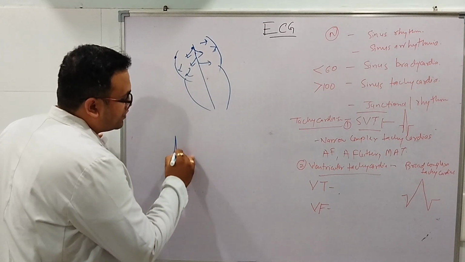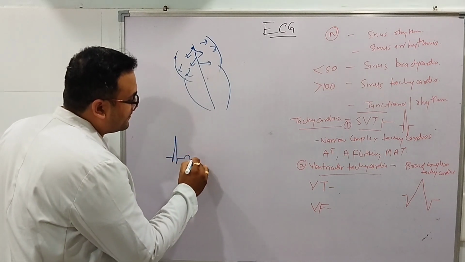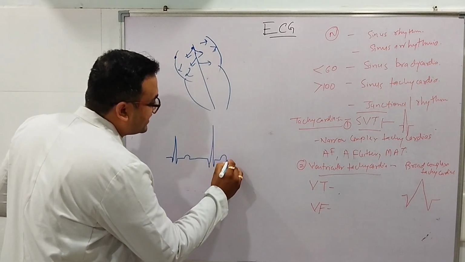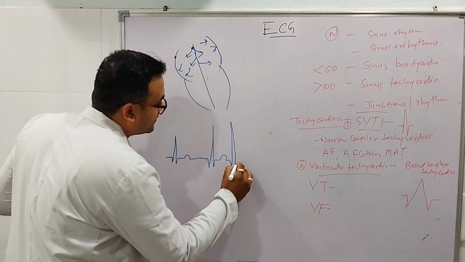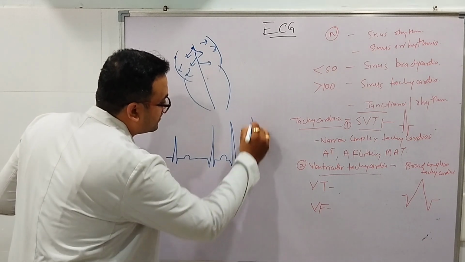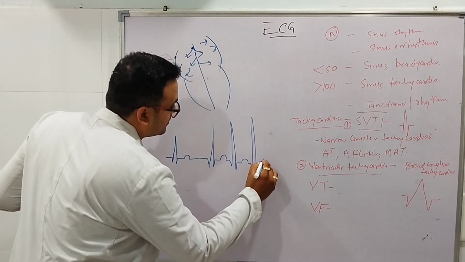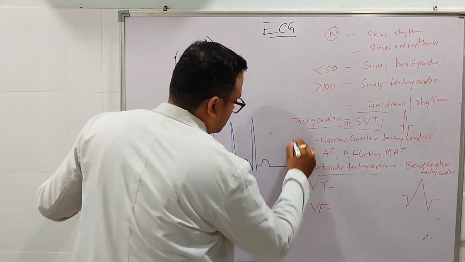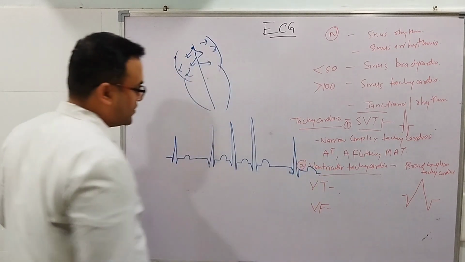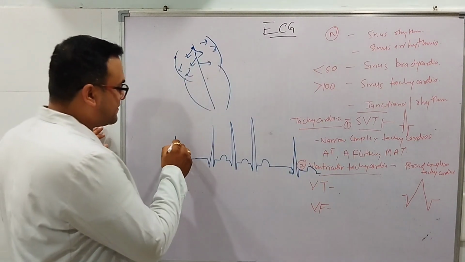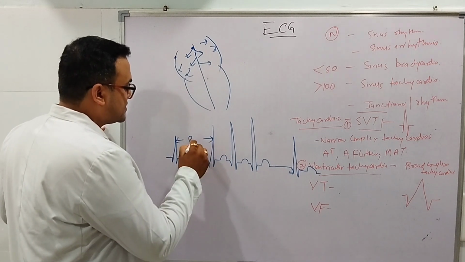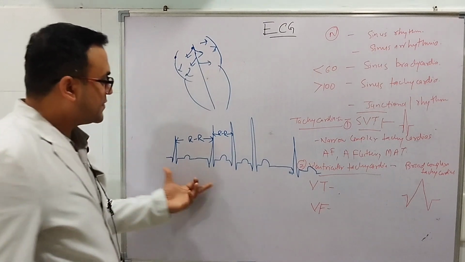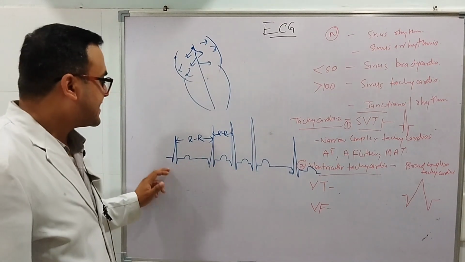There are QRS complexes followed by T, and again QRS complexes followed by T. So the RR interval varies between two complexes, and there are no P waves.